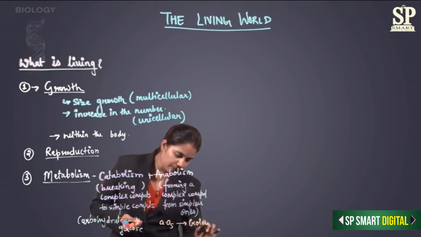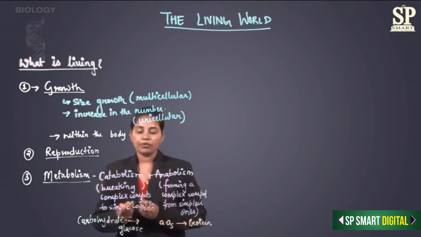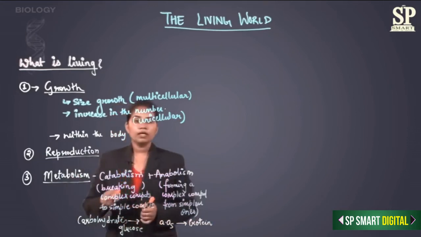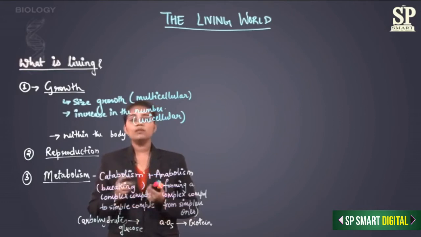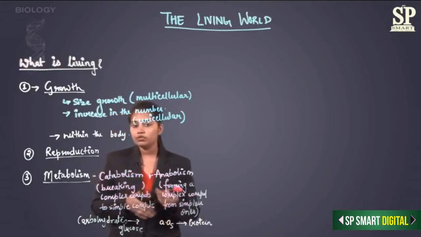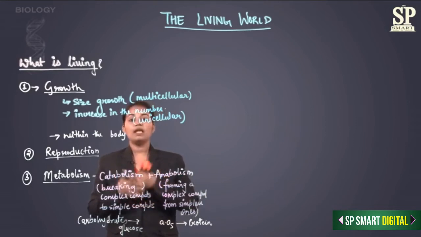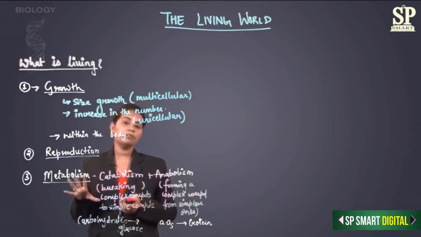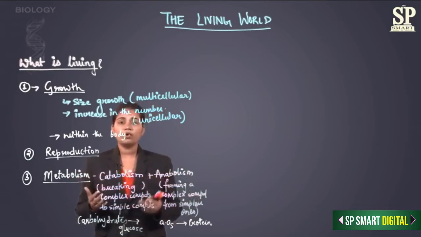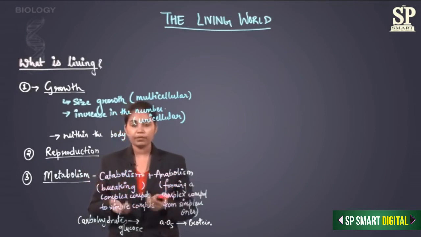So protein is my complex compound, right? So metabolism is nothing but catabolism and anabolism, in which some substances are getting catabolized to release smaller, simpler compounds, and some substances are getting anabolized to give me a complex compound, and this depends upon the requirement of a cell or the body, right?